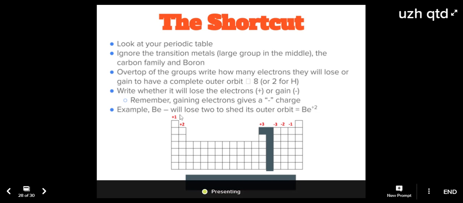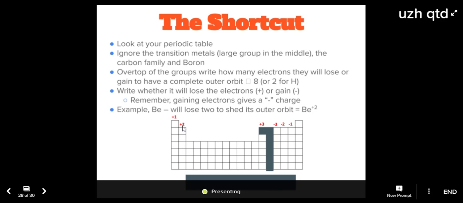So for our first column, all of these have a valence shell which has 1 electron. So in order to have a full outer orbit, they're all going to lose an electron. Our next group, which is group 2, they all have 2 outer orbit electrons or valence electrons.